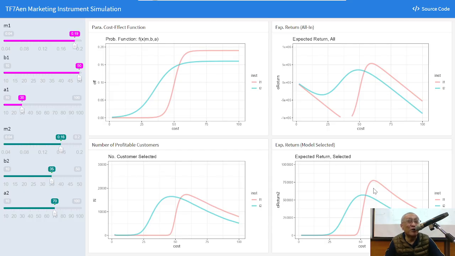And then we can calculate the net expected return if we apply this instrument of such a cost to a selected group of people. What is the net expected return? And that is exactly what you are going to do in your final, isn't it?